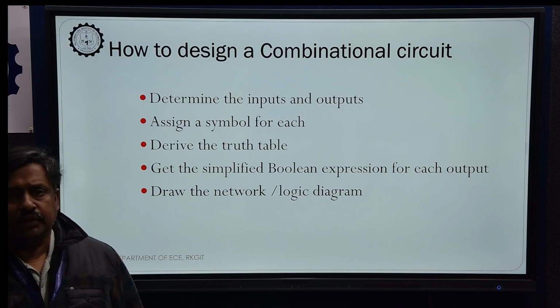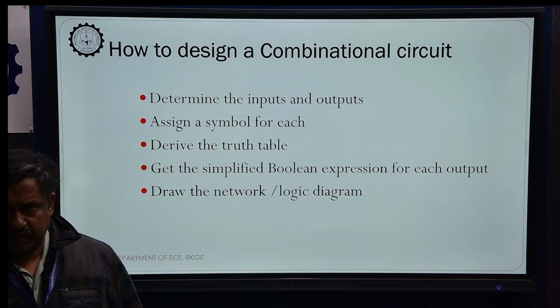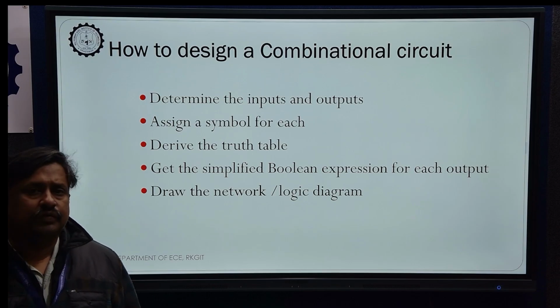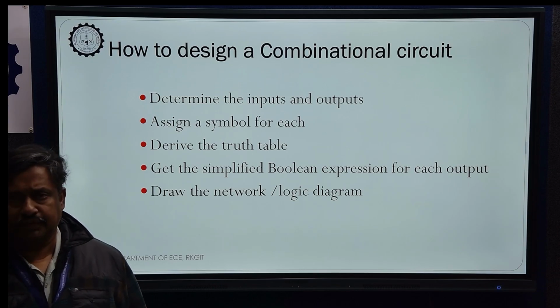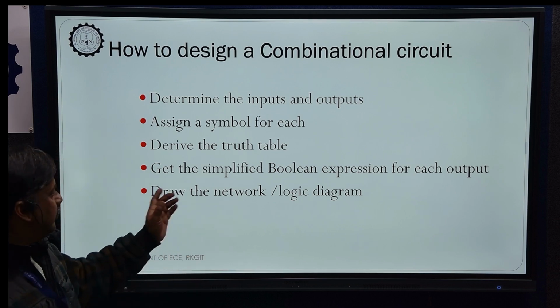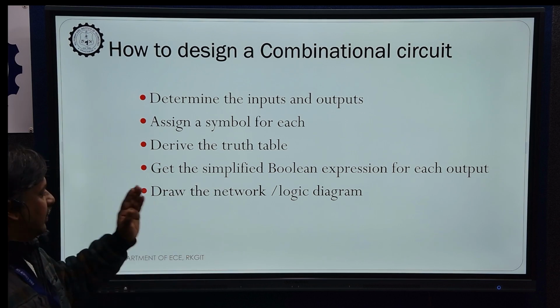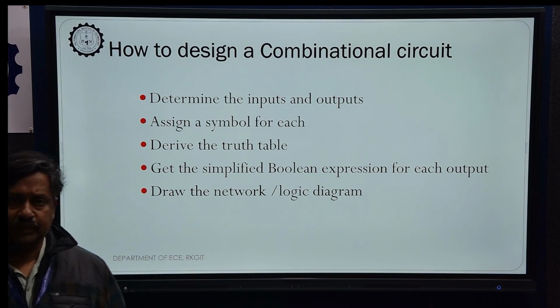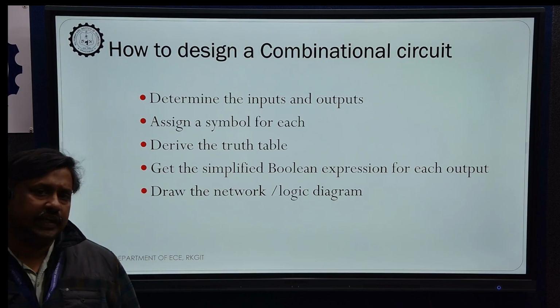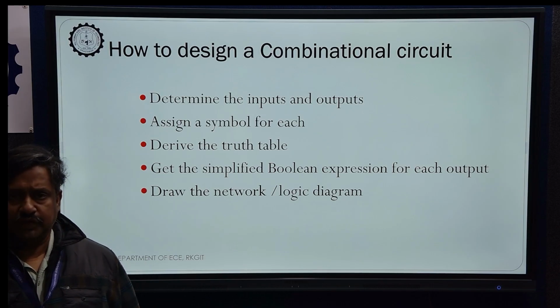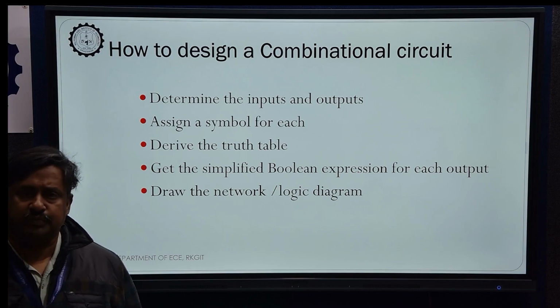Then we input the min terms into the K-map, then form the groups, and from the groups we can form the equations. That will give the simplified expression for each output. So we get equations for each output, the simplified Boolean equation.